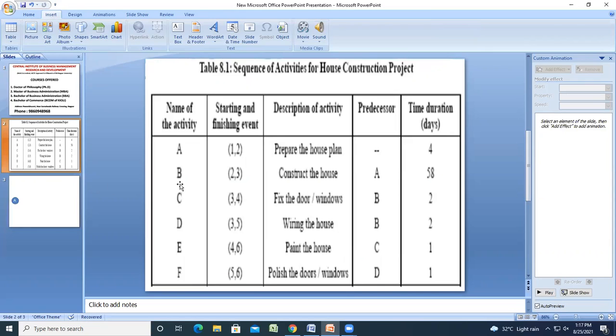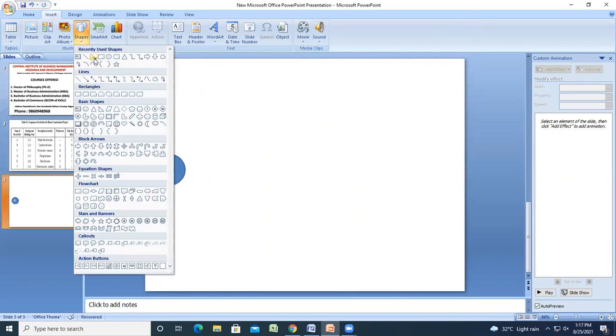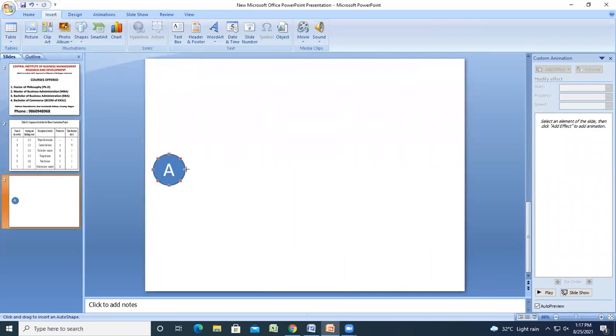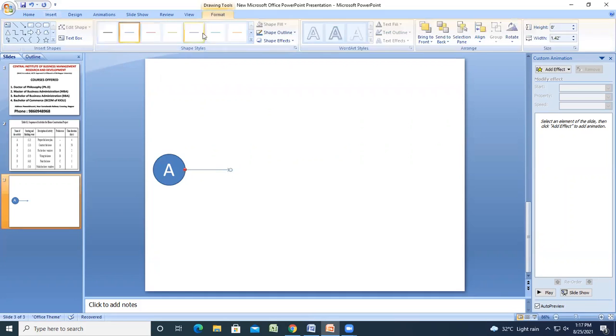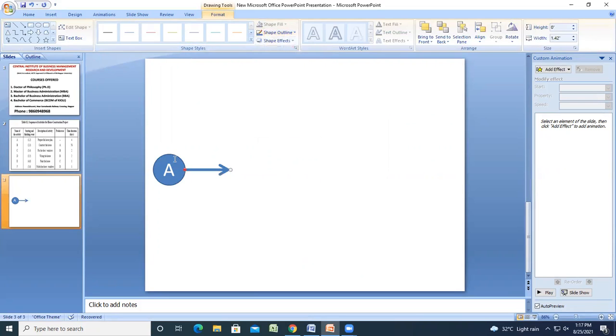Now the next activity is activity B and it is starting from activity A. So from activity A, activity B is starting. To represent this process of starting of the activity, we will use an arrow.